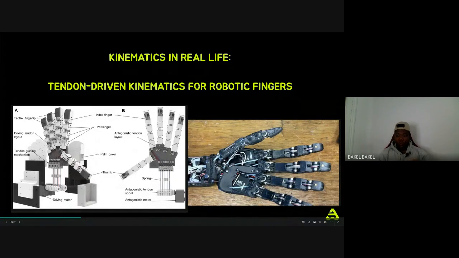Also, there's what is called bio-inspired robotics. This is the kind of robotics where we acknowledge that our creator's design, regardless of religion, is superior, and instead of designing things in a conventional engineering way, we design them the way our creator designed them.